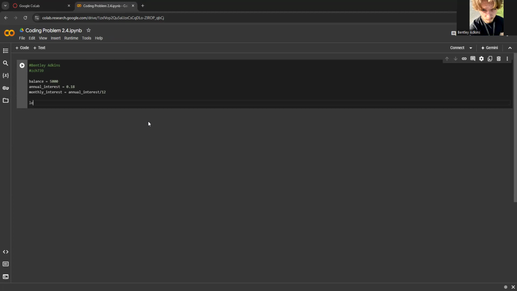So anyways, we're going to start with a lower and an upper bound, and we're going to set our lower to the balance divided by 12 for each month. And then the upper is going to equal the balance times 1 plus, oops, wrong way, 1 plus interest.